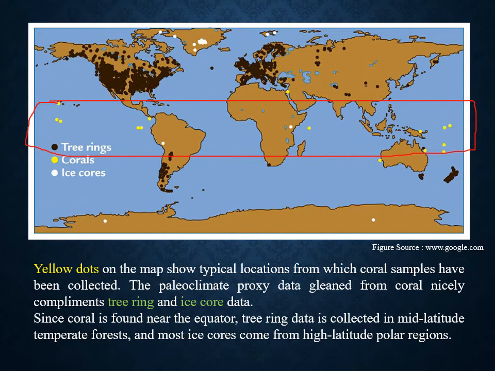So together, by combining these three proxies, we can get an idea about the climatic condition at different latitudinal areas of Earth.